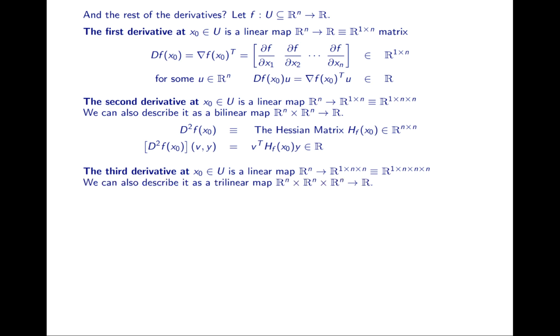Again, this is also equivalent to a trilinear map that maps three vectors from Rn to a number in R. So the third derivative at x0 can be represented by a tensor in R^(n by n by n). We can drop the 1, just like column vectors are often just described as vectors in Rn, but it's a matrix of this size or a tensor of this size. And this tensor, when operating on three different vectors, returns a number in R.